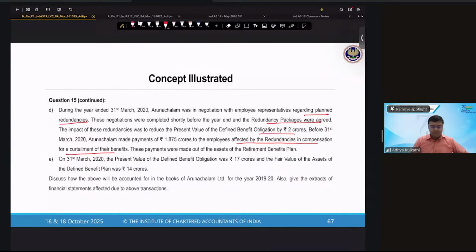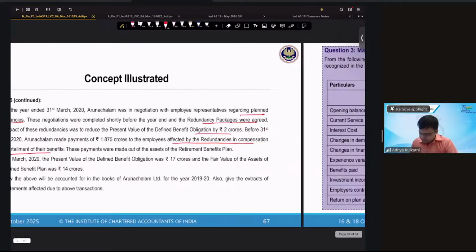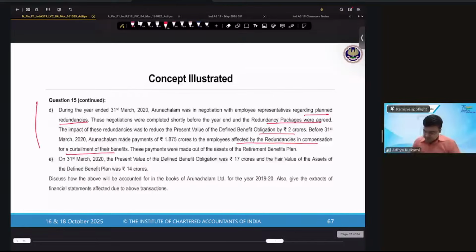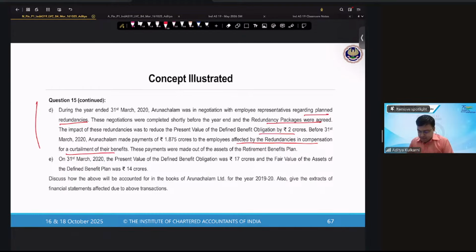So what is happening? This part is new. During the year, Arunachalam was in negotiation for redundancies. They came to an agreement. The impact of these redundancies was to reduce the present value of the obligation by 2 crores. That means what has happened?